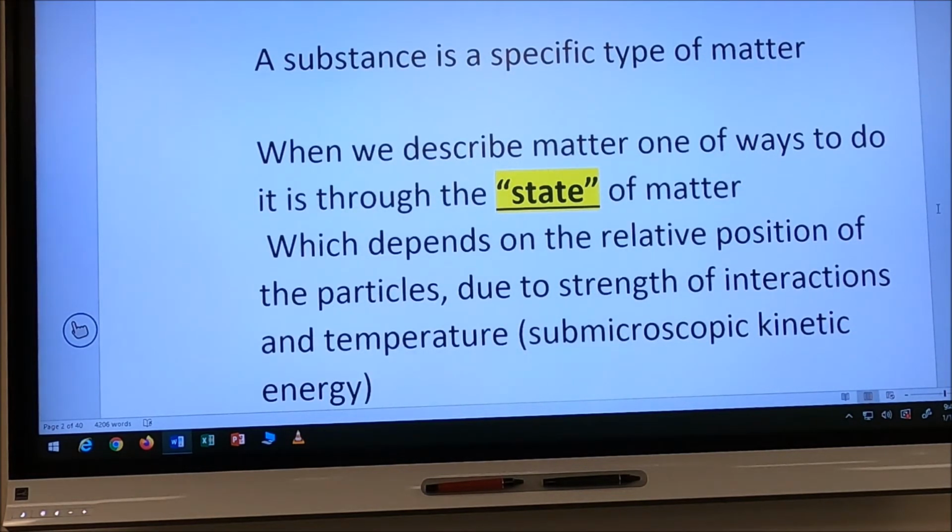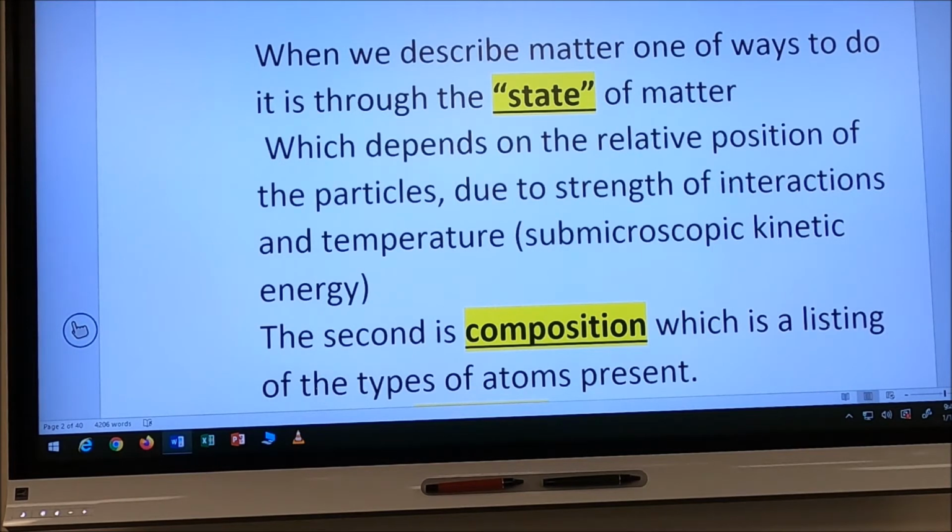Now, as we're starting to break down the definition of chemistry, one of the things that we need to understand about matter is its state. When we're talking about the state of matter, we're talking about the relative position of the particles one to another and the strength of the interactions between them.